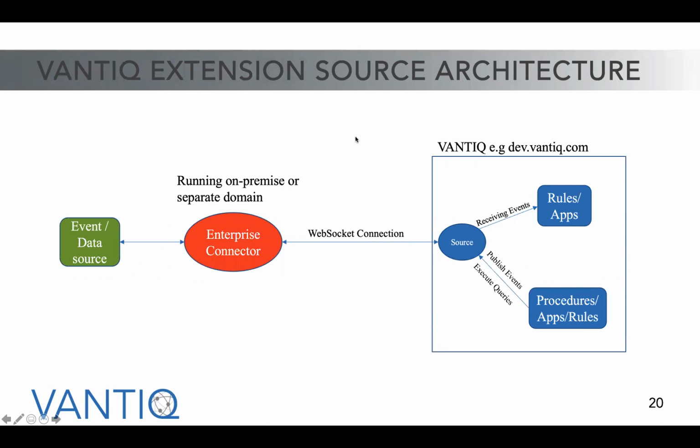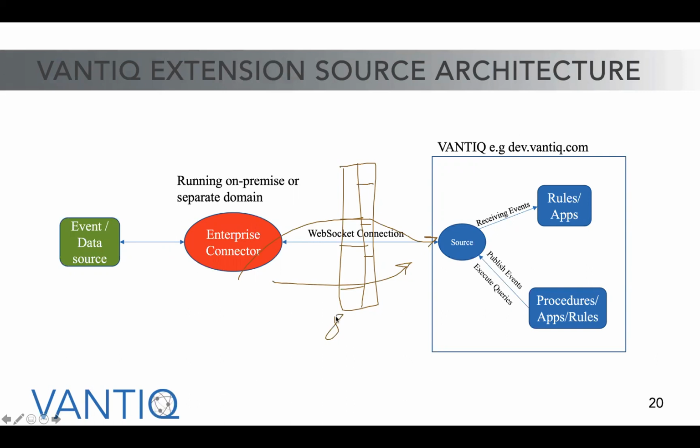And if there's a firewall in the middle, let me put a firewall here. Even if there's a firewall here in the middle, you don't have to worry about it because, looks terrible, my firewall, but anyway, as the extension source is initiating the communication to Vantiq, it's from inside the network to outside the network.